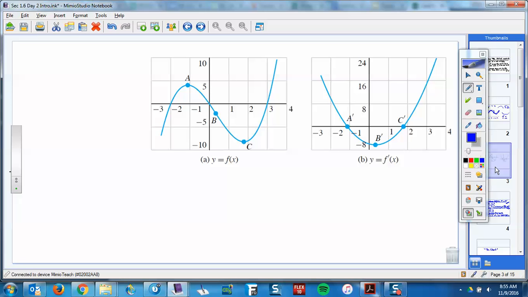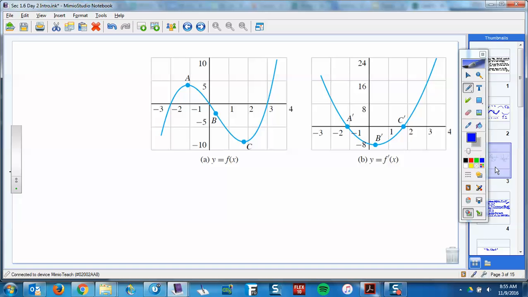So if this is F prime, it's negative at first, right? So that means F has to be going down. So you're looking for a graph that's going down at first, right? So where's one that's going down at first? That one, that one.